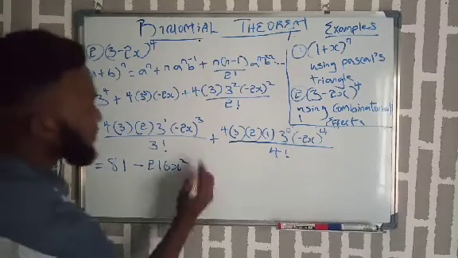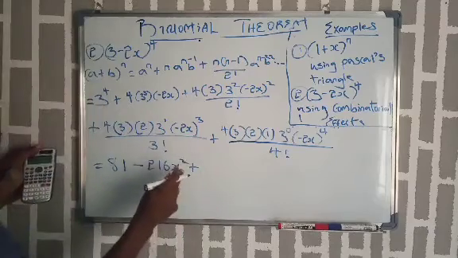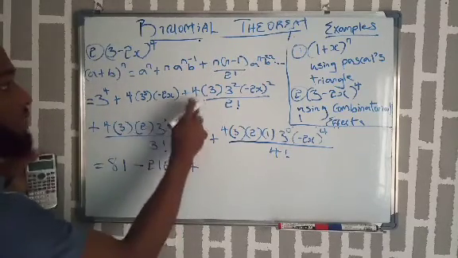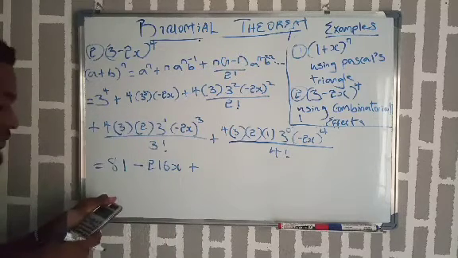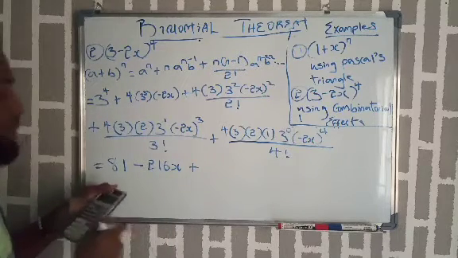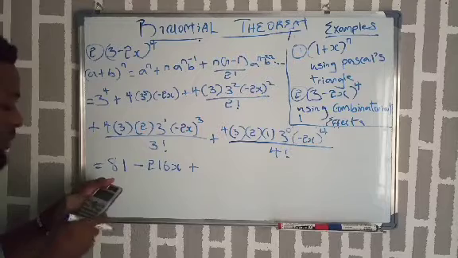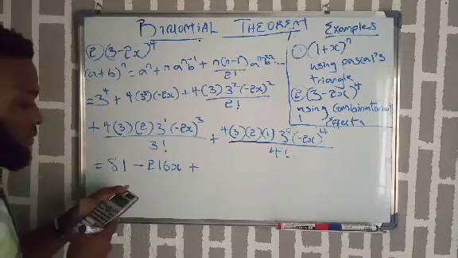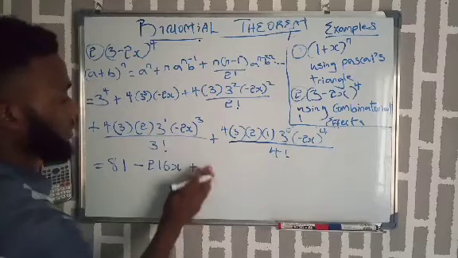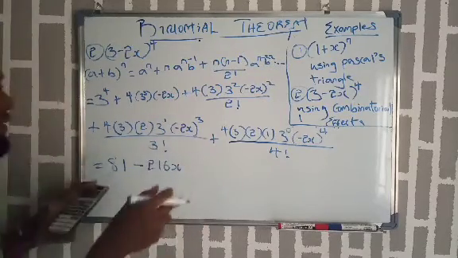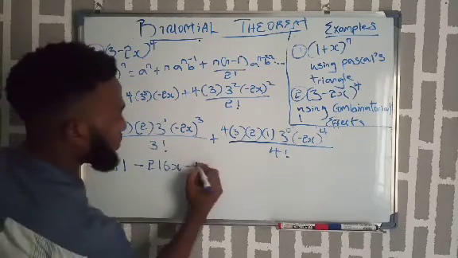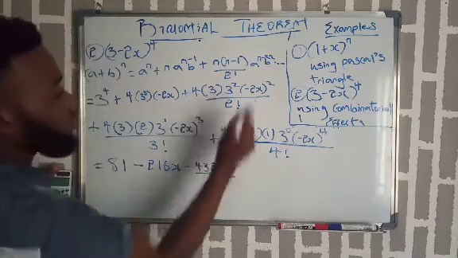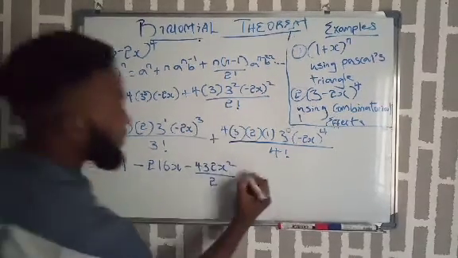So this is 4 times 3, 12. You can use your calculator also. 4 times 3, 12. Then 3 squared is 9. 12 multiplying 9, that's 108. Then 108 multiplying 4, that's minus 432x squared, all over 2. 2 factorial is 2 times 1, which is 2.